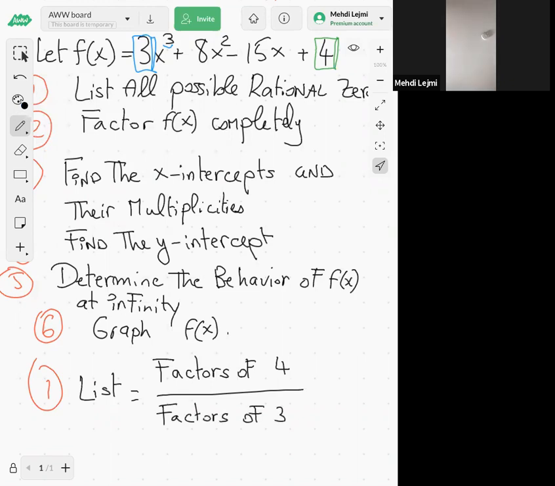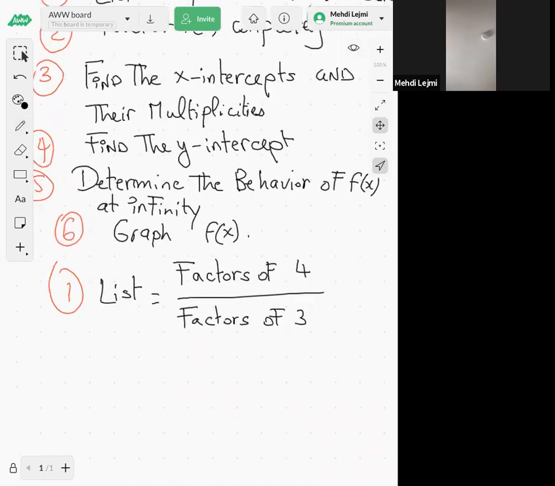Right? Now, the factors of 4. Well, 4 is divisible by 1, divisible by 2. It's not divisible by 3, and of course it's divisible by itself. Now factors of 3, 3 is divisible by 1.